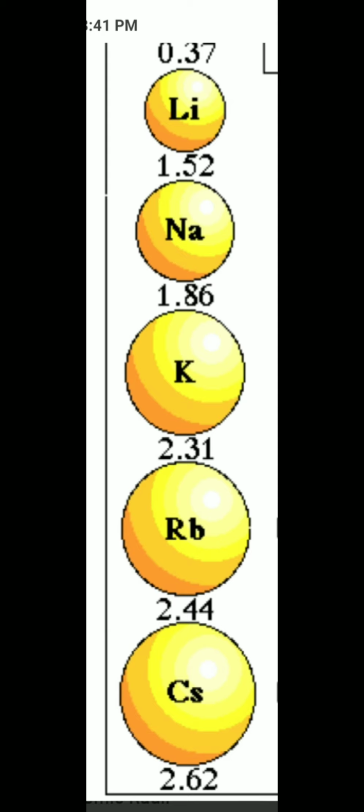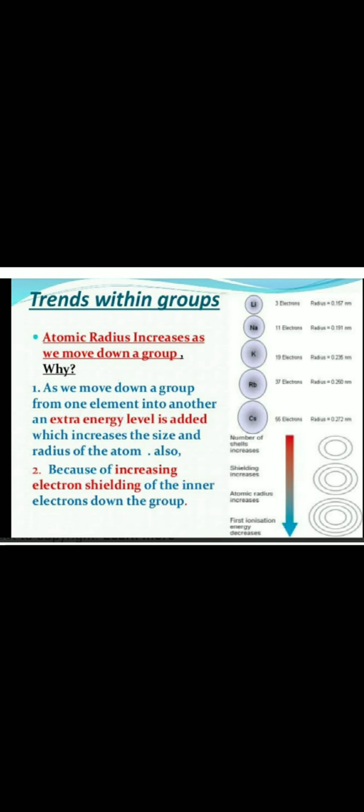Next, what is the periodic trend observed in the variation of atomic radii as we go down a group? Let us see what the trend is.